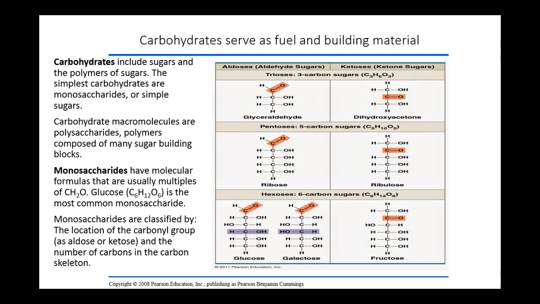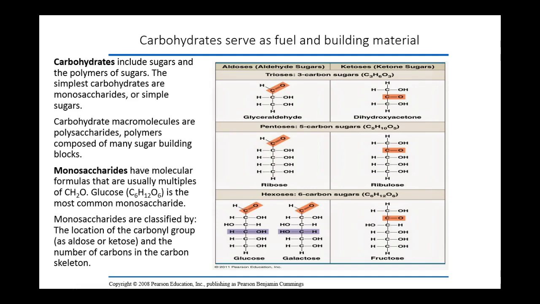They have the molecular formula, usually multiples of CH2O, such as glucose, where you have C6H12O6. So all they've done is multiply CH2O times 6. You just take each of those, you multiply each by 6.